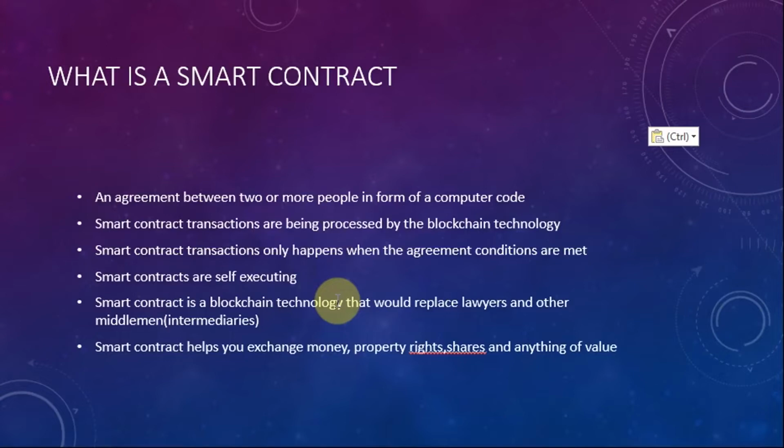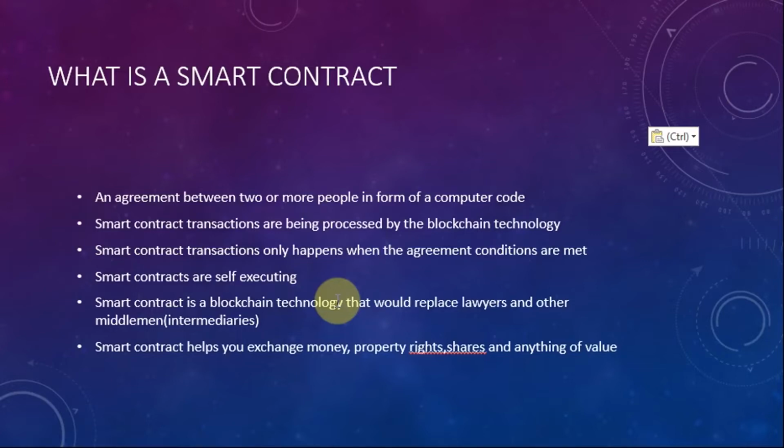Now, smart contract transactions are processed by blockchain technology. Since blockchain technology is decentralized and is not governed or owned by one single entity, it makes smart contracts untamperable.